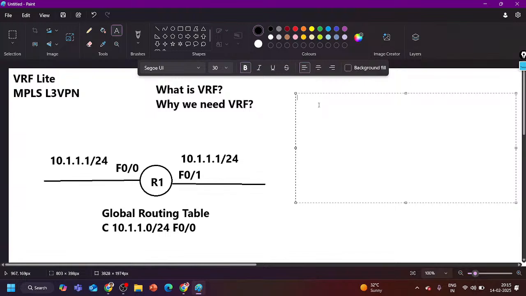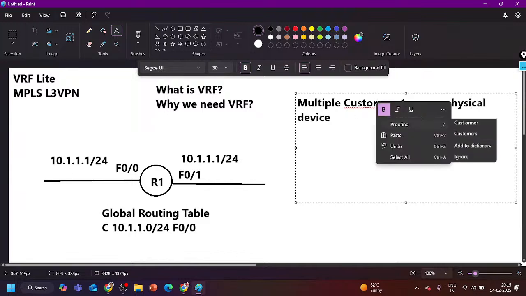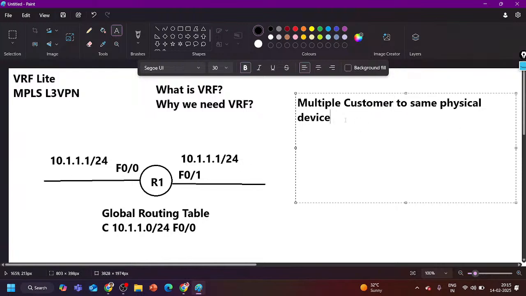But if I connect multiple customers to the same physical device, then there will be an issue, because the router maintains only one routing table by default. So both the customers are going to be part of the same routing table, right?